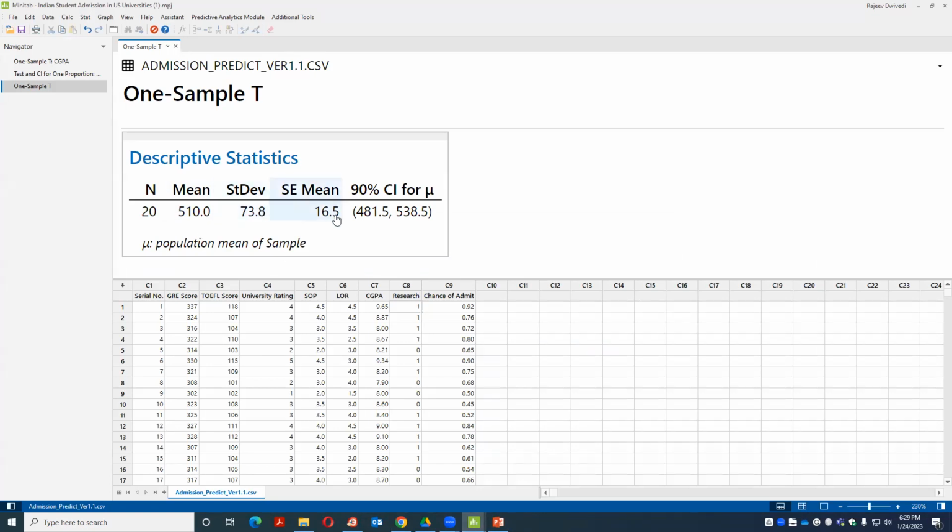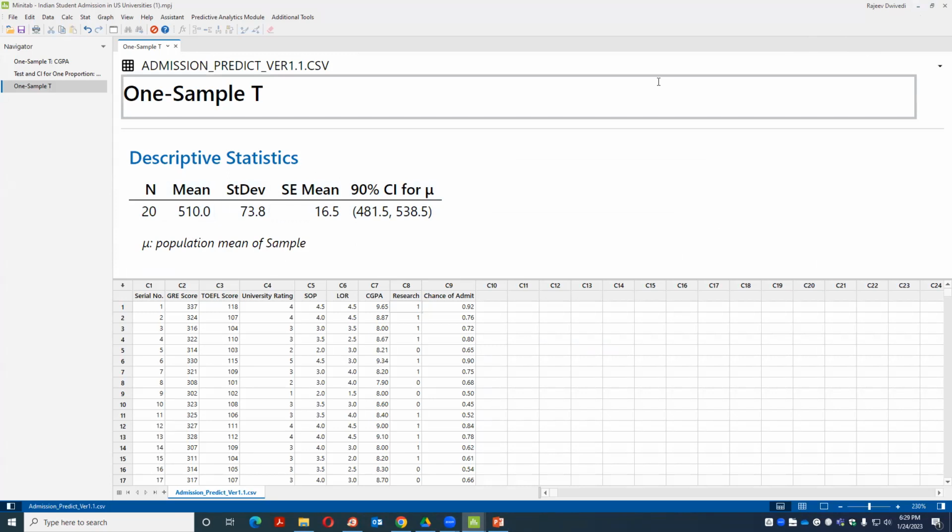Here is the standard error of the mean, and this is the confidence interval. With 90% confidence, the GMAT score will be between 481 and 538, where 510 is the mean.